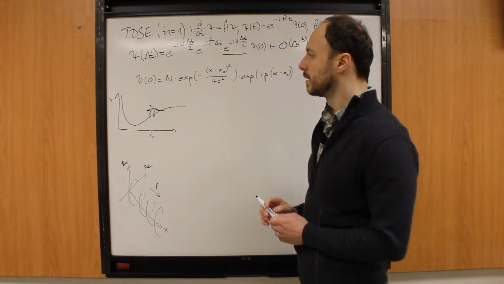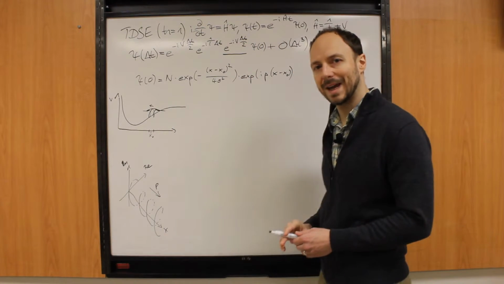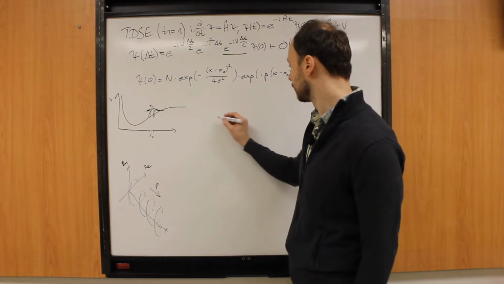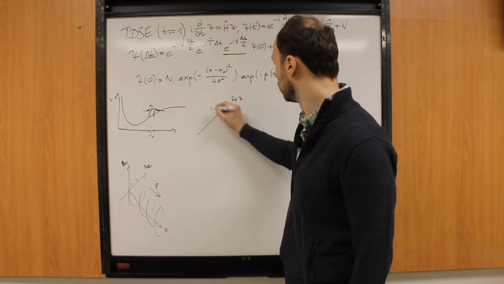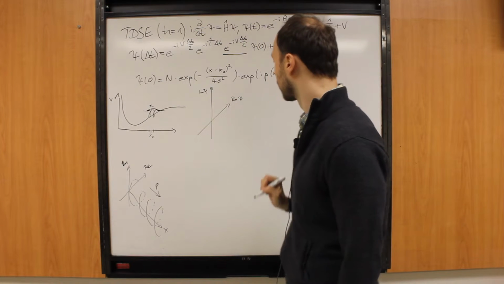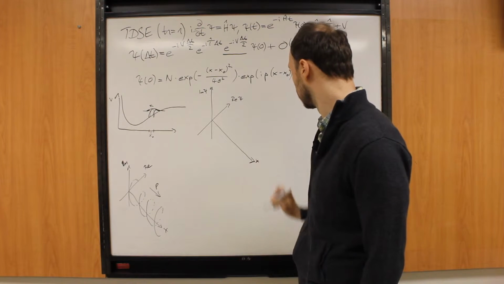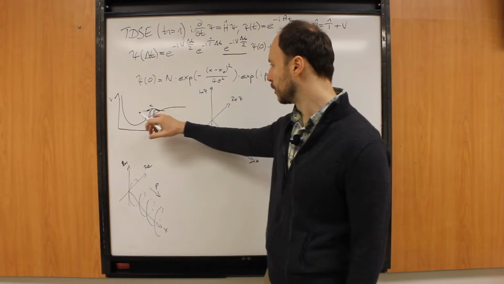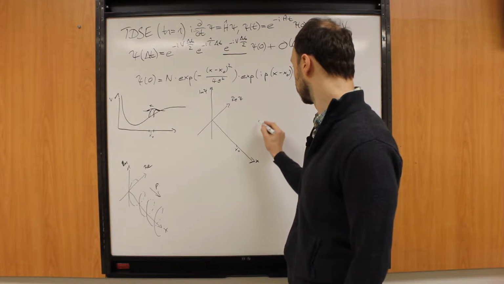So let's see what this looks like if we zoom into an infinitesimally small region around x naught and make a diagram like this in the complex plane. So again, here's the real part of psi, here's the imaginary part of psi. This is the coordinate axis right here, and this is x naught. Now our potential, if we zoom in really far, almost looks like a line, like so.